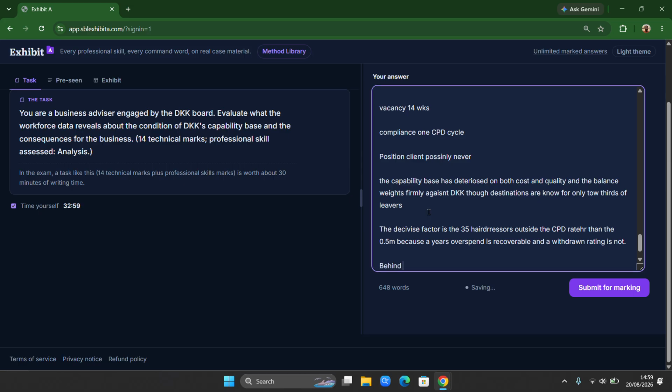Okay, so behind it sits a loss the agency cannot recover or cannot touch.